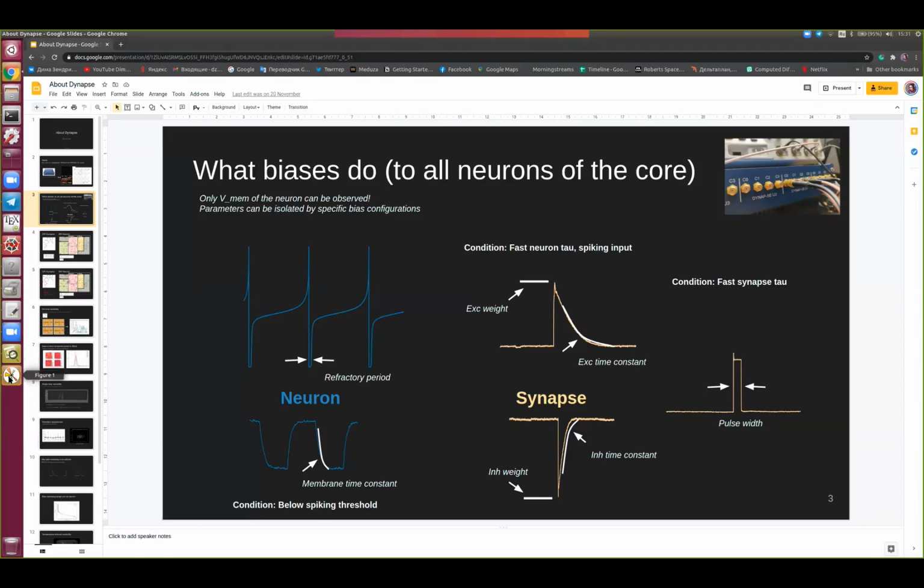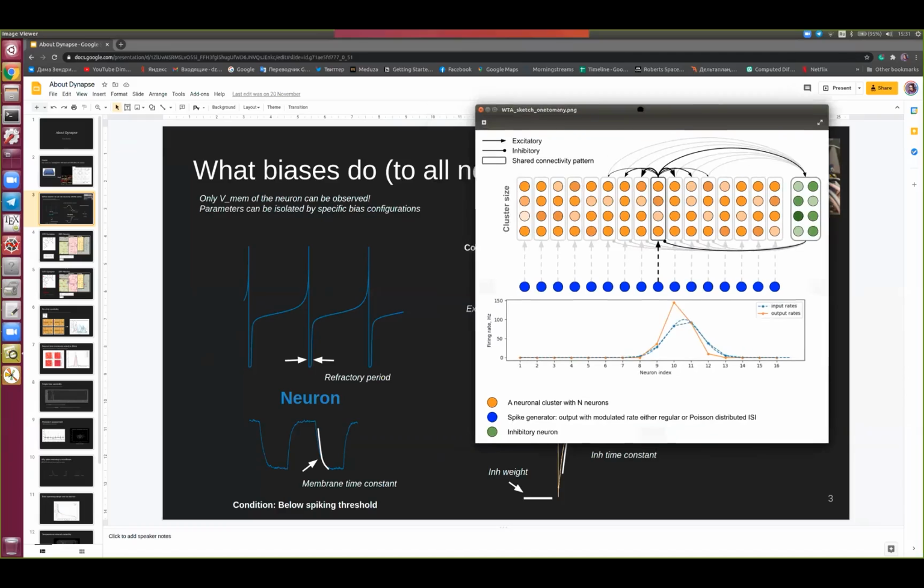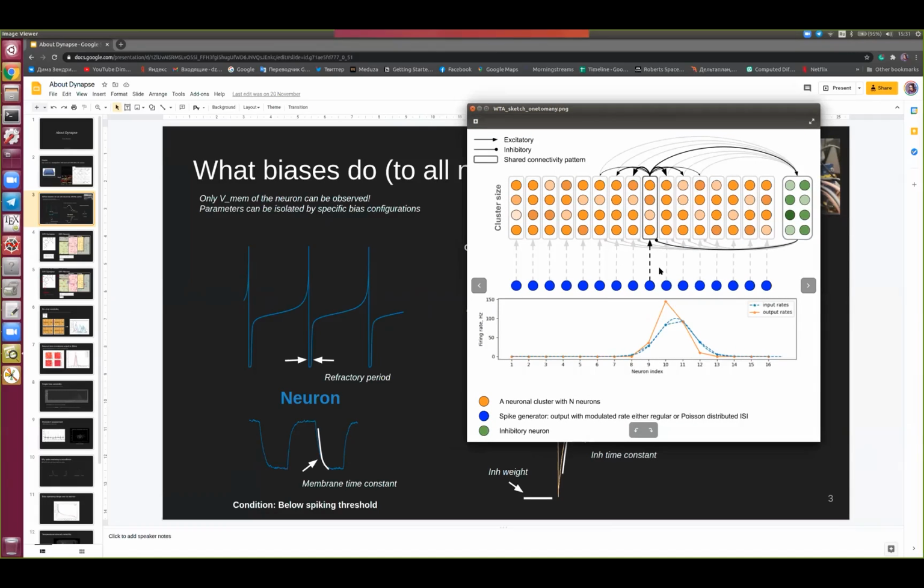The example that I want to show here today looks like this. It's supposed to be a single winner-take-all structure where all the neurons are organized in a specific way. So they represent basically a ring structure, or ring-like attractor.